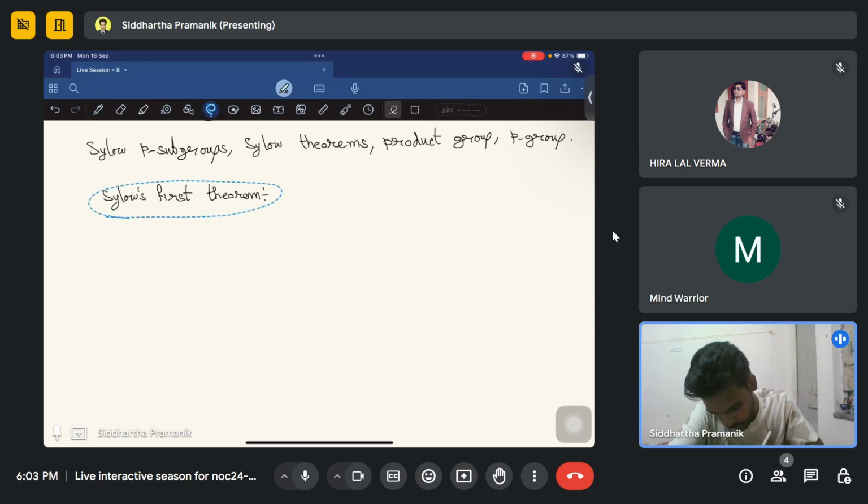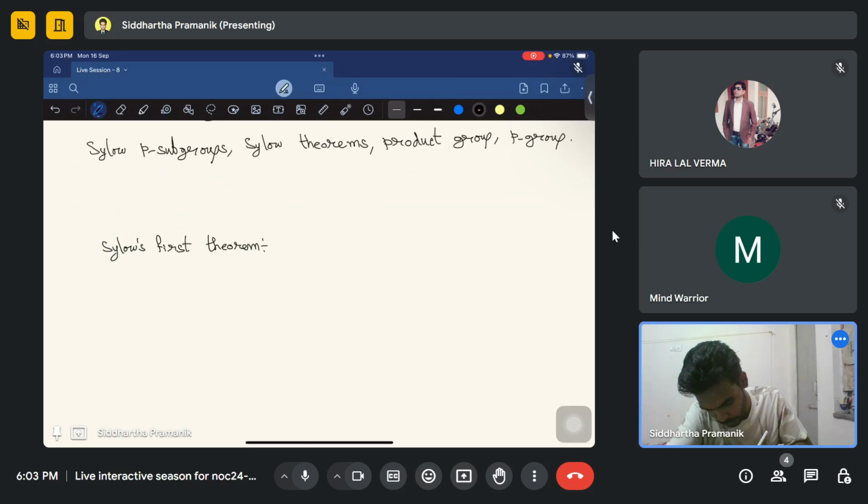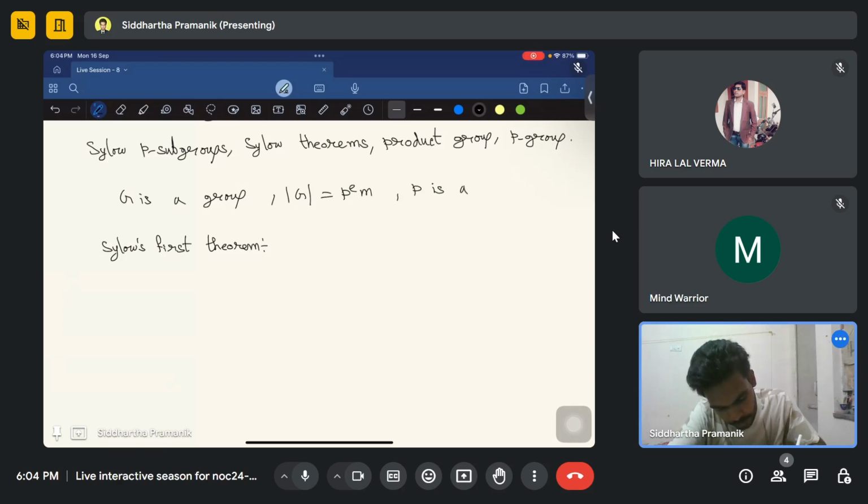So in all three Sylow theorems, G is a group and the order of G is p^e times m, where p is a prime number and p does not divide m.